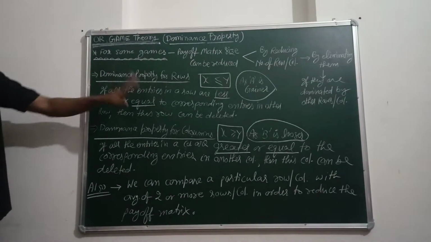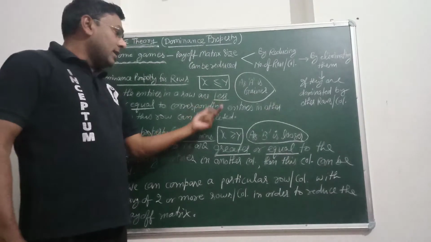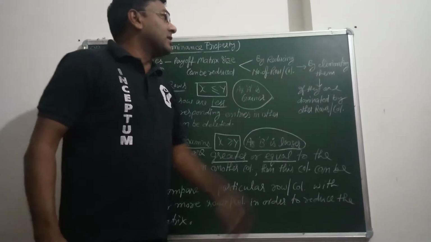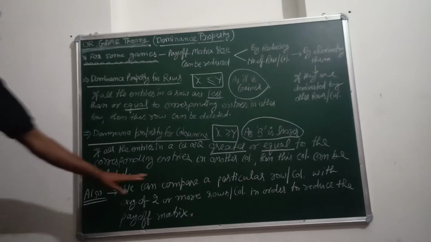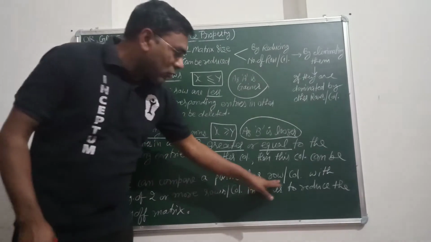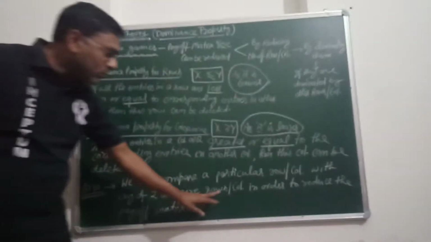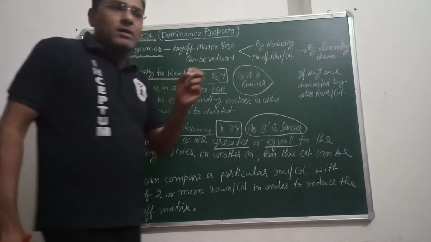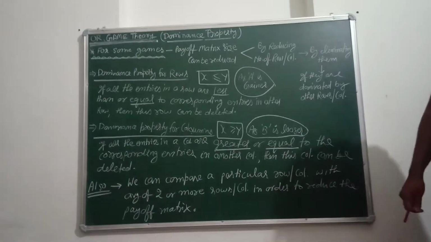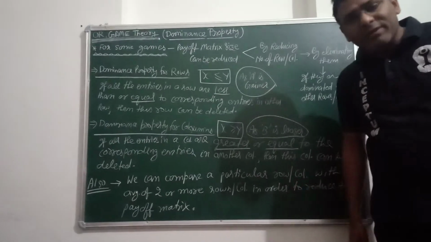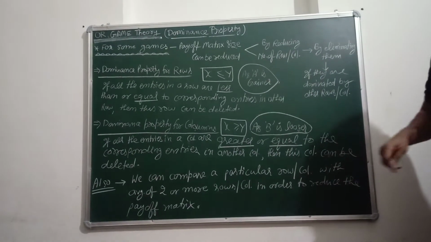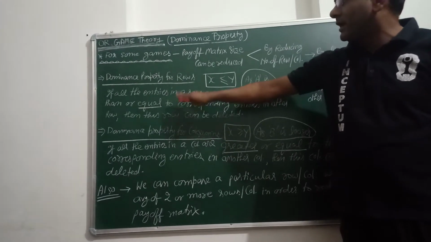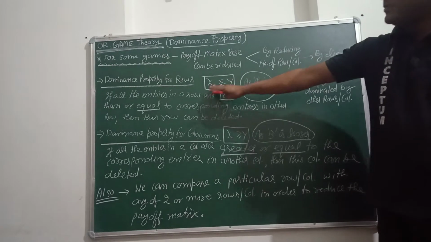Also, if both these conditions do not occur in the payoff matrix, there is one more possibility through which we can eliminate a row or column, which is to compare a particular row or column with the average of 2 or more rows or columns in order to reduce the payoff matrix. Means if we are having a row, we will find the average of the remaining 2 or more rows and check whether it is greater or equal to the values of the row in question, and then we can eliminate that row.